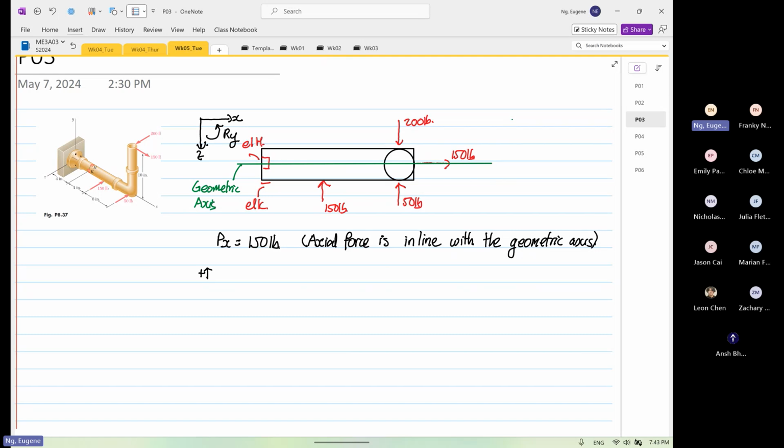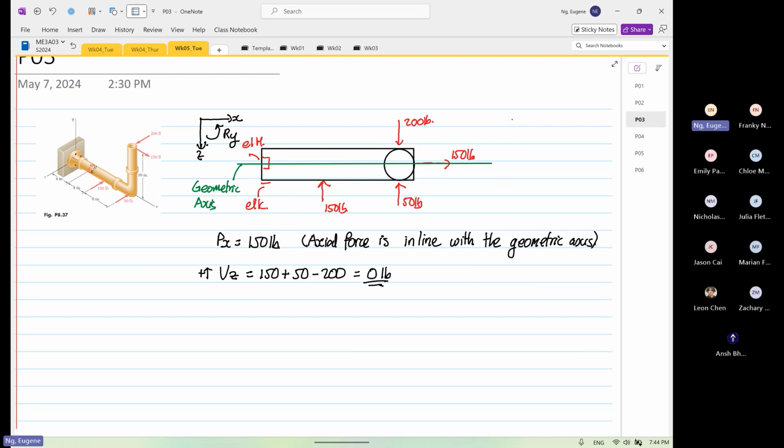So now we are looking at the shear force along the z-axis or parallel to the z-axis. So going upwards is positive, so you have 150 plus 50 minus 200. It happened to be equal to what? 0 pound.